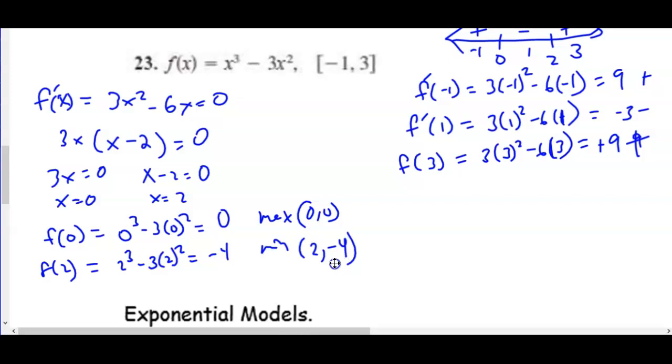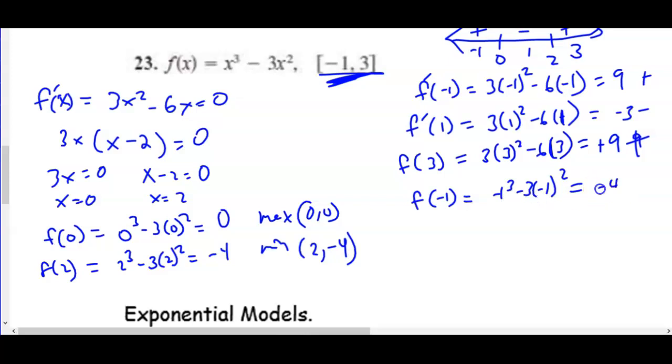And then we need to check the endpoints. The endpoints are right here. So we check f of negative 1. f of negative 1 would be negative 1 cubed minus 3 times negative 1 squared, which gives me negative 1 minus 3.